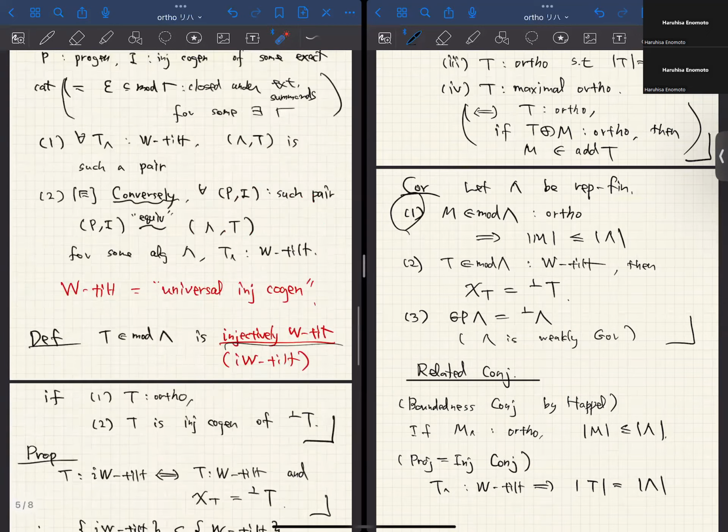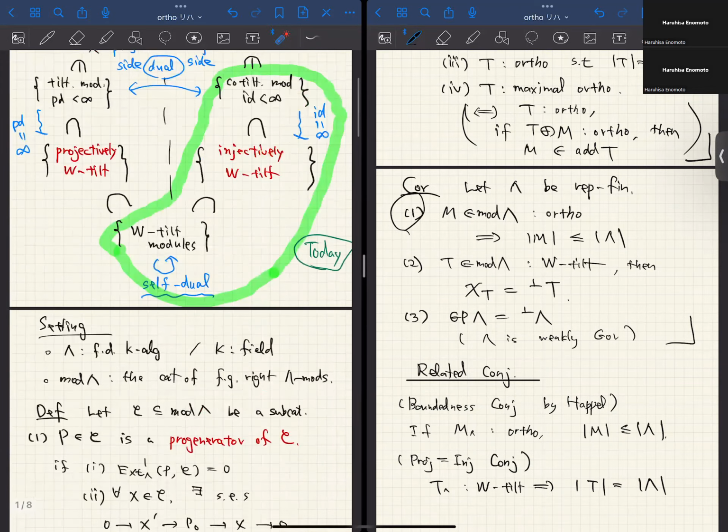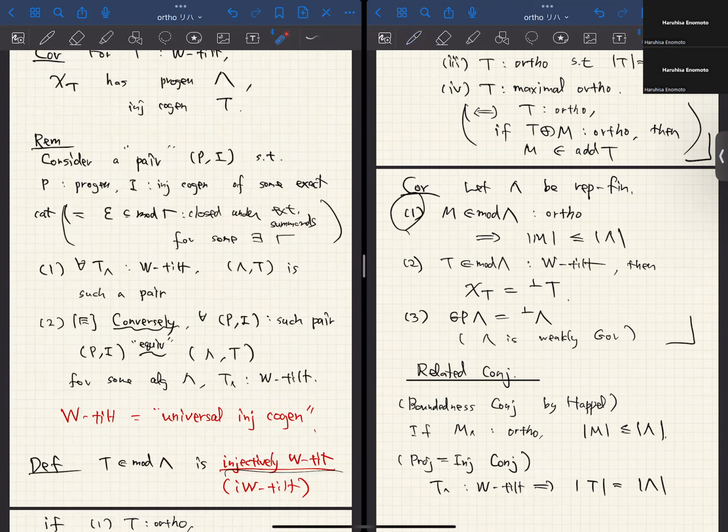This kind of conjecture is related to a conjecture about exact categories in general. If P is a progenerator and I is an injective cogenerator of some exact category under some assumption, then the number of projective objects coincides with the number of injective objects. So this Proj-Inj conjecture is equivalent to such a conjecture about subcategories of the module category.